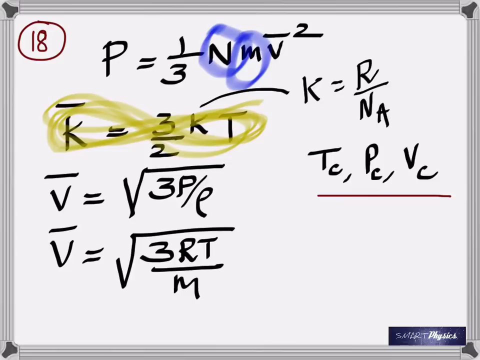I was just trying to say that the K there, Boltzmann's constant, is the universal gas constant divided by the Avogadro number. Don't worry about TC, PC, and VC. Those are the critical constants. Not much time to talk about those.